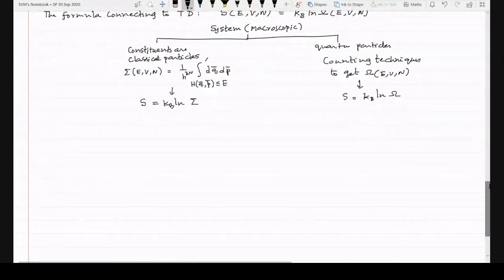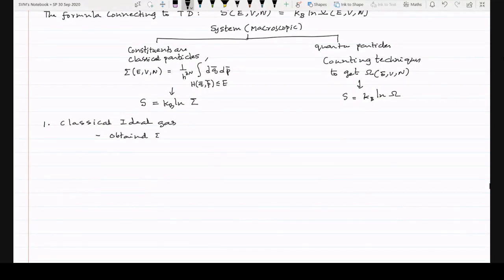Okay, so we have applied this to the following problems. The first problem that we have used was the classical ideal gas, and we have obtained sigma, then found a paradox when we try to look at the mixing of gases, identical gases.